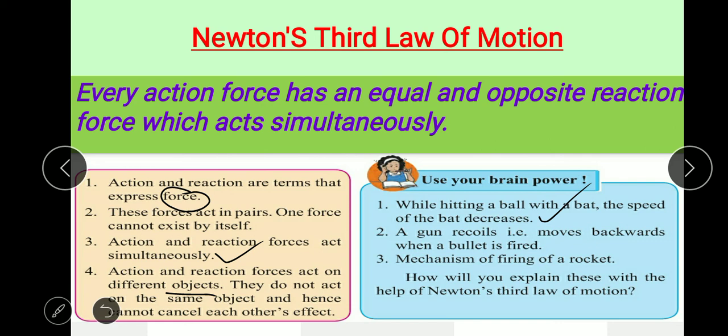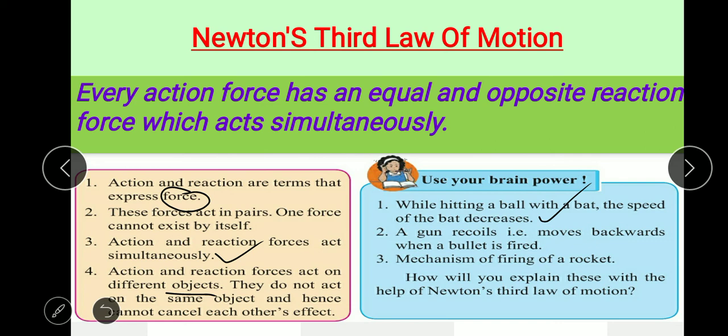And the last one, the mechanism of firing of a rocket, students. When a rocket is fired in the upward direction, the engine at the bottom of the rocket releases a lot of gas with huge pressure in the downward direction, in the opposite direction.